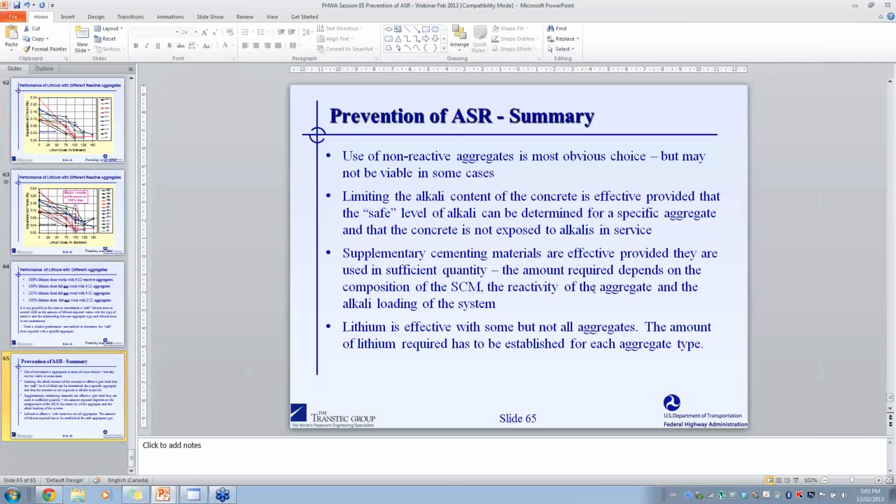Where you only have a small amount of reactive silica, or perhaps where you have a very slender element where leaching can take place, then the reaction might exhaust itself in a decade or so. But in other cases, it's continued for almost a century. So I know that's not a perfect answer, but I'd like to ask Benoit to contribute to that too.